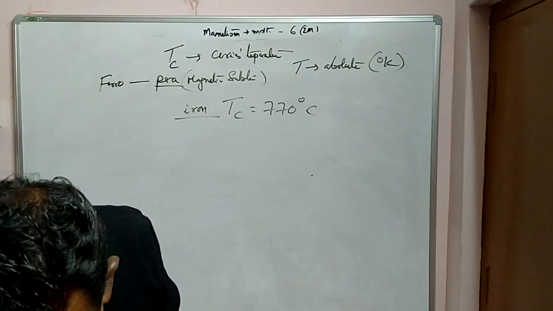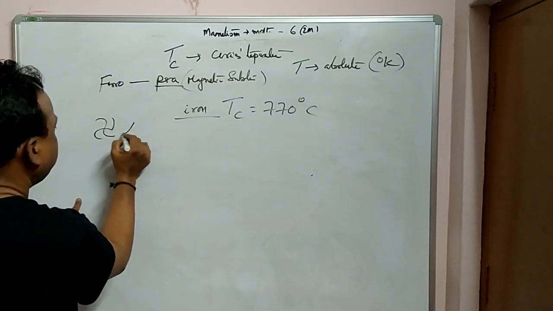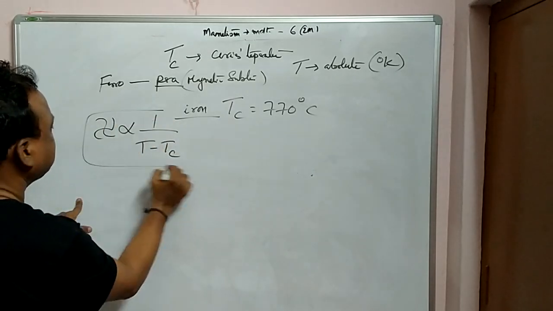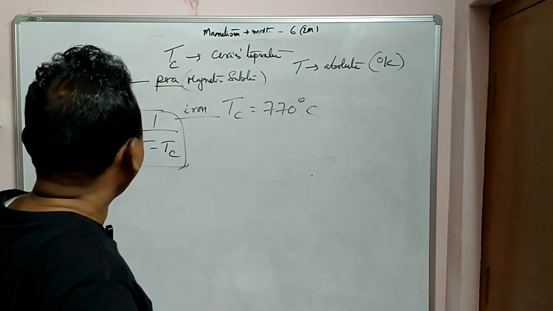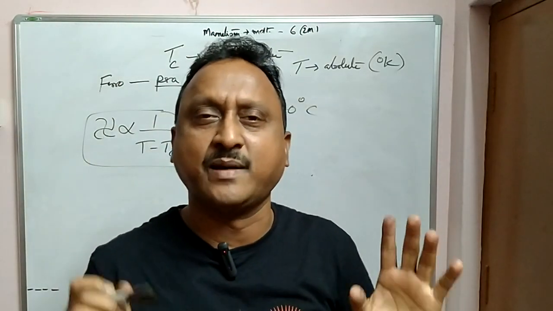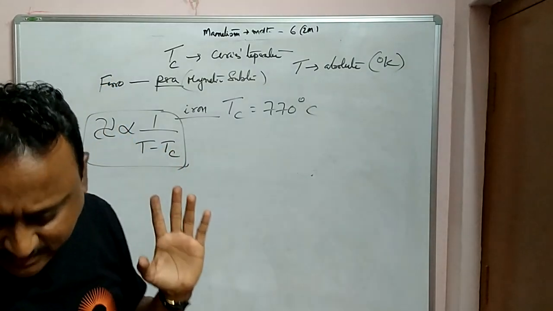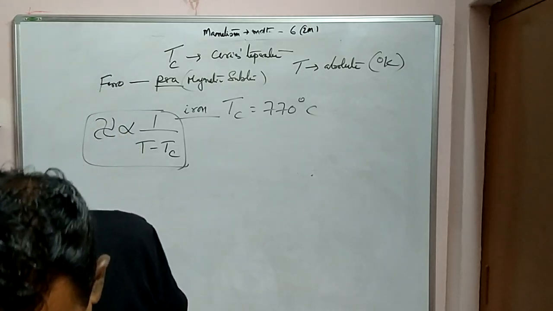And we have one more formula also. Zeta or psi is proportional to 1 by T minus Tc. T is absolute temperature, Tc is Curie temperature, and this is the magnetic susceptibility, inversely proportional to temperature, where ferro is converted into paramagnetic substances.